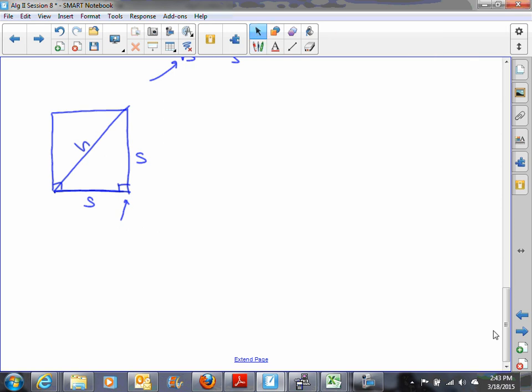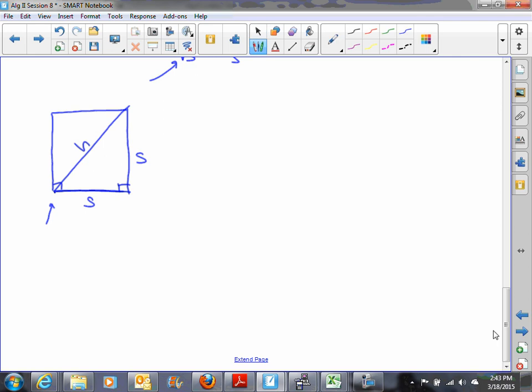And since this side is equal to this side, these two angles would have to be the same. And if we have 90 and two angles that are the same that add up to 180, they each have to be 45. That makes this a 45-45-90 right triangle. It's also an isosceles right triangle, so that's where we get the two names.